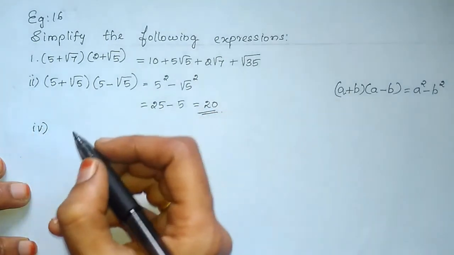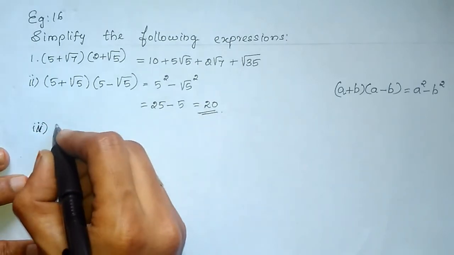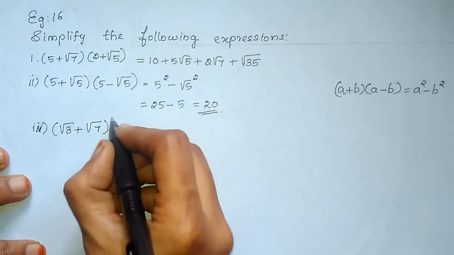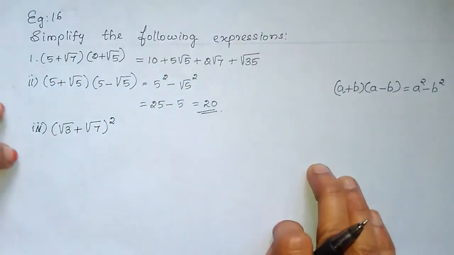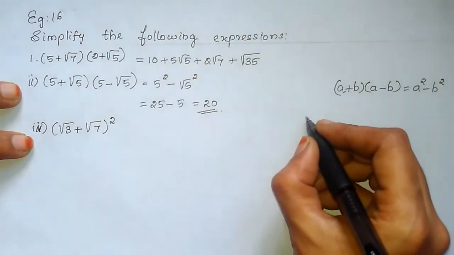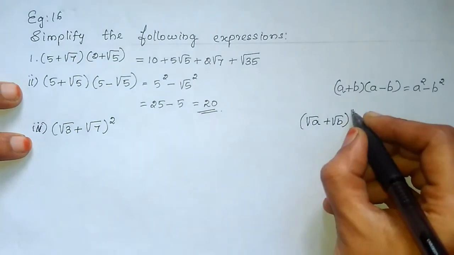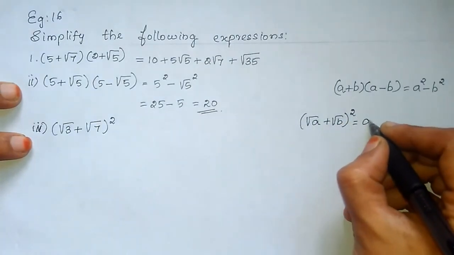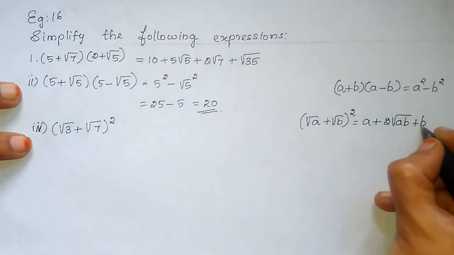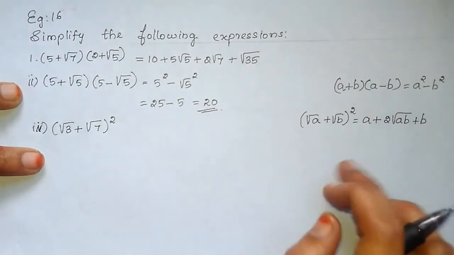Third one is root 3 plus root 7 the whole square. Here we can follow the sixth identity, that is root a plus root b the whole square is equal to a plus 2 root ab plus b. We are going to follow this one here.